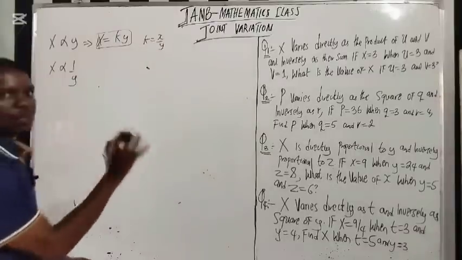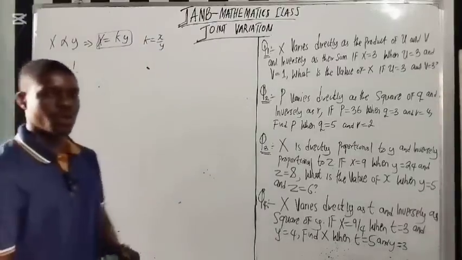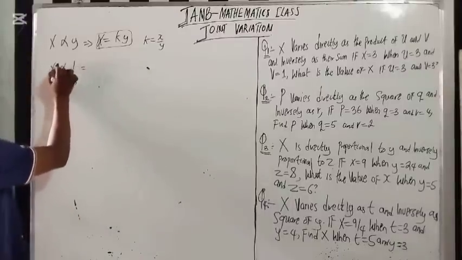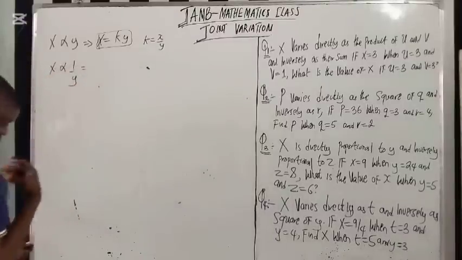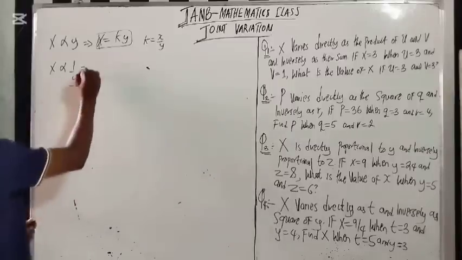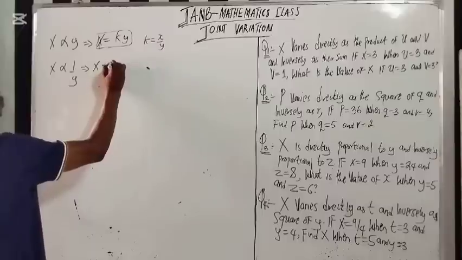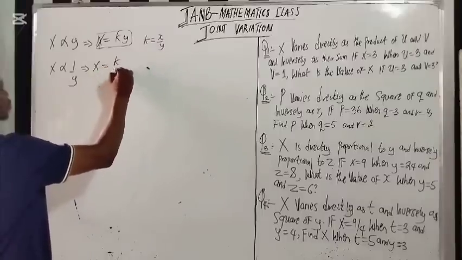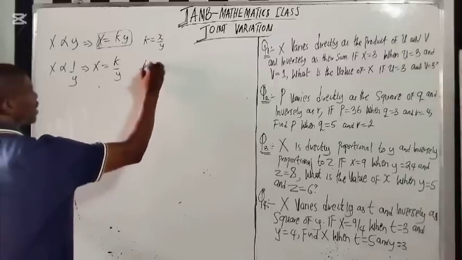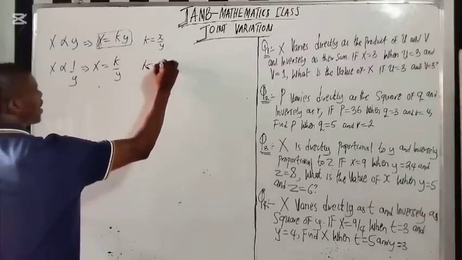Now we have solved this one here. Please check out the first video on direct variation. Here you have to introduce a constant to remove the sign of proportionality. So now when you remove the sign of proportionality, what do you have? Here we have x equals k over y. Make k the subject of the formula here. You have k equals xy.